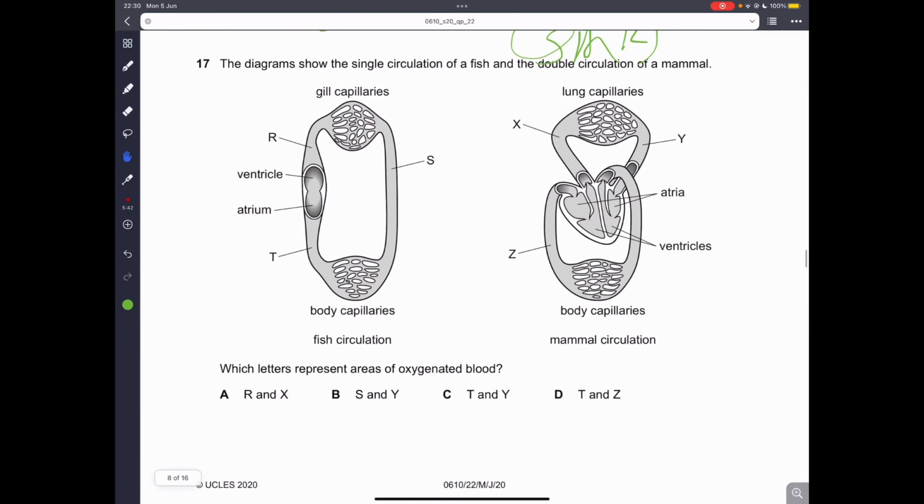Okay. Question number 17. The diagram shows the single circulation of a fish and the double circulation of a mammal. Which letters represent the areas of oxygen in blood? Let's look at the mammal first, because we are most familiar with our own human heart. The oxygenated blood is always on the left side.